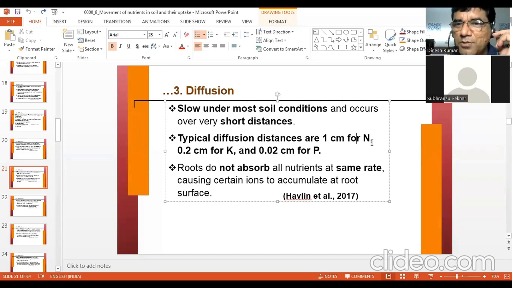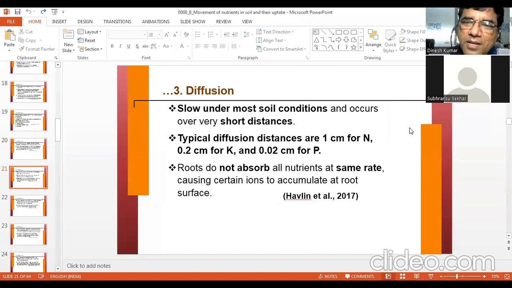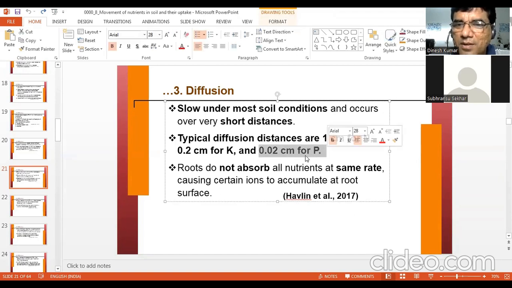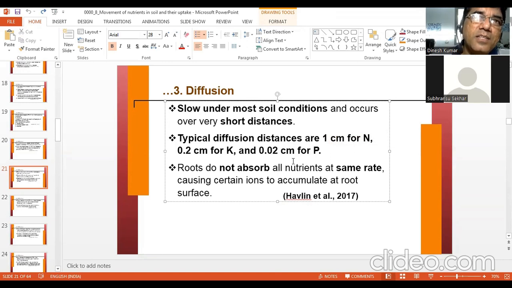Of course, nitrogen is primarily moving by mass flow, but if you compare its diffusion also, then it is 1 centimeter. And K and P are the least. So P is the laziest element, which is not even liking diffusion. It moves a very short distance. So therefore, you apply phosphatic fertilizer near the roots.